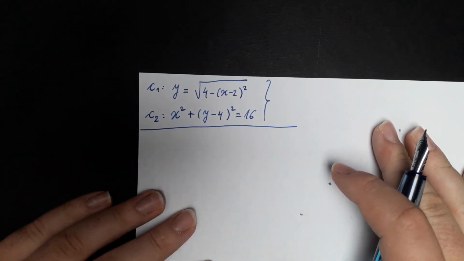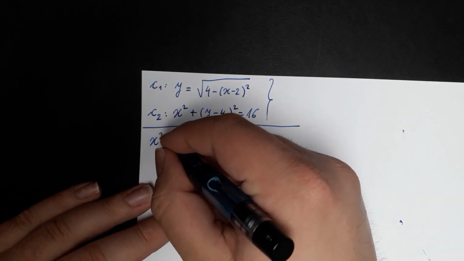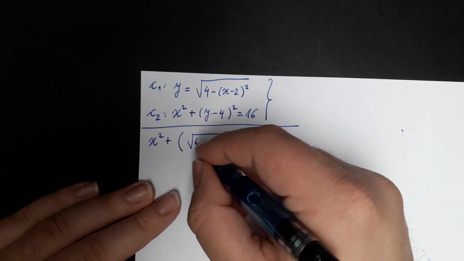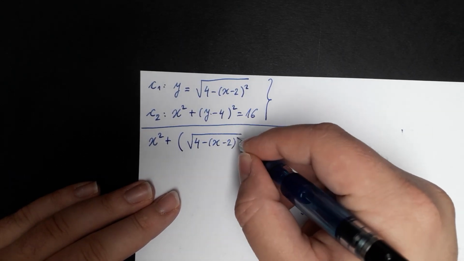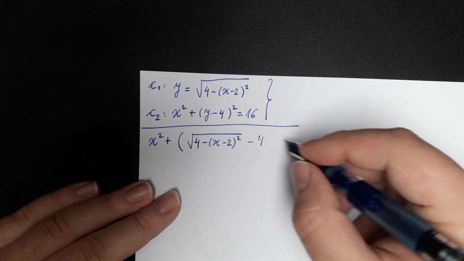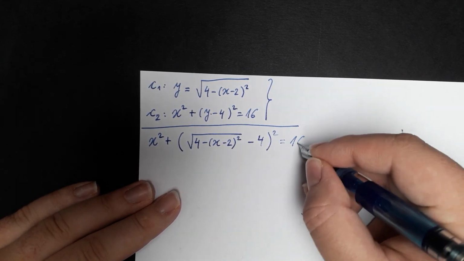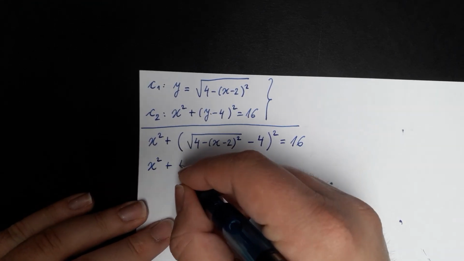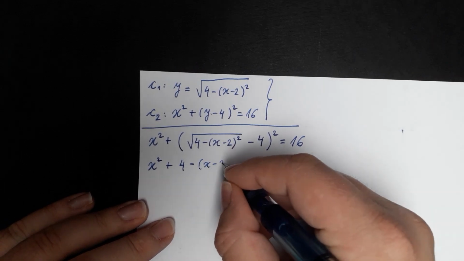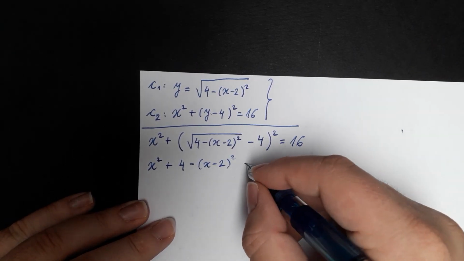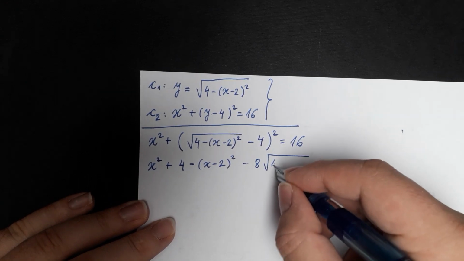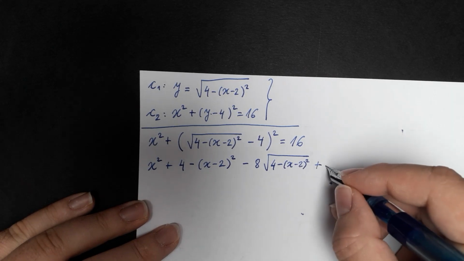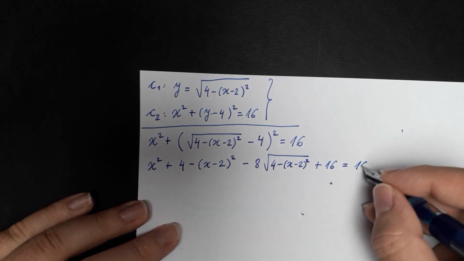We have to intersect these two, so that means that x squared plus, now instead of y, we are going to write the square root of 4 minus (x minus 2) squared, minus 4, squared is equal to 16. Now this is x squared plus 4 minus (x minus 2) squared minus 8 times the square root of 4 minus (x minus 2) squared plus 16, which is equal to 16.